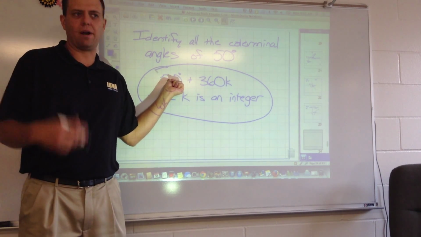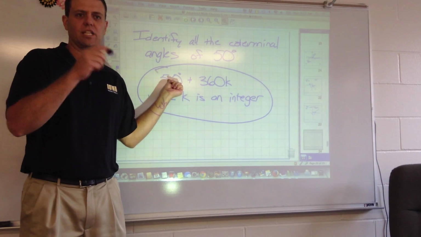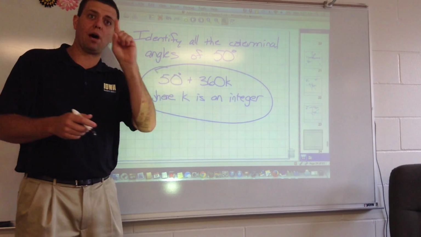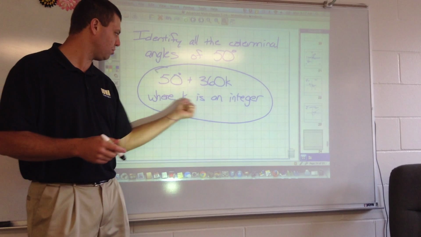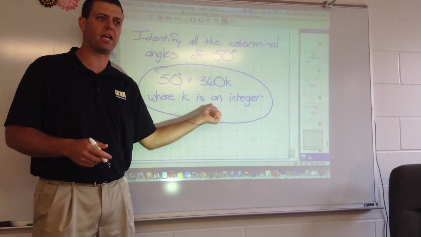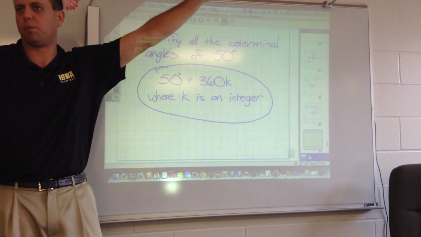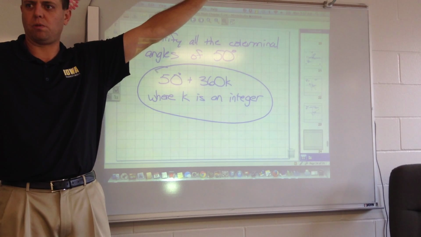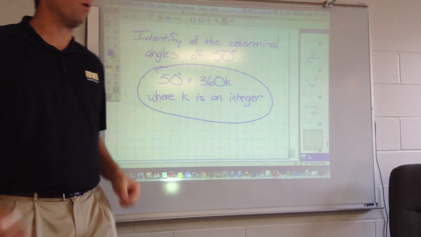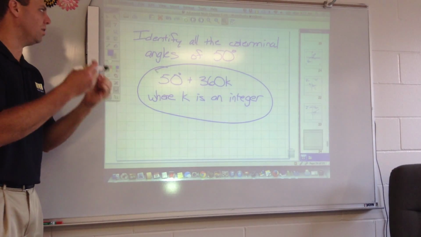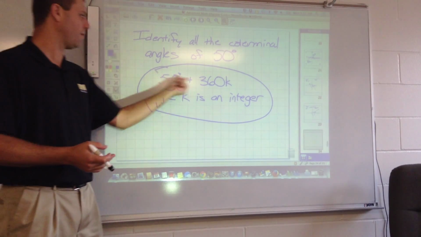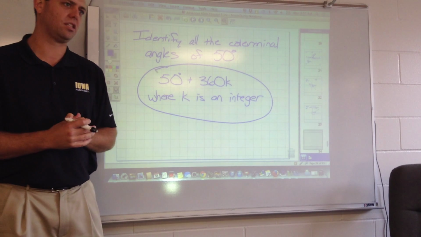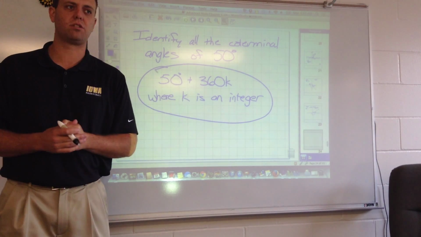Just going around the circle one time and ending up in the exact same spot, right? If you do that any integer number of times, you still end up in the exact same spot. You guys with me on that visually? So the way you can represent every single coterminal angle of 50 degrees is 50 plus 360k, where k is an integer. You have to say where k is an integer.